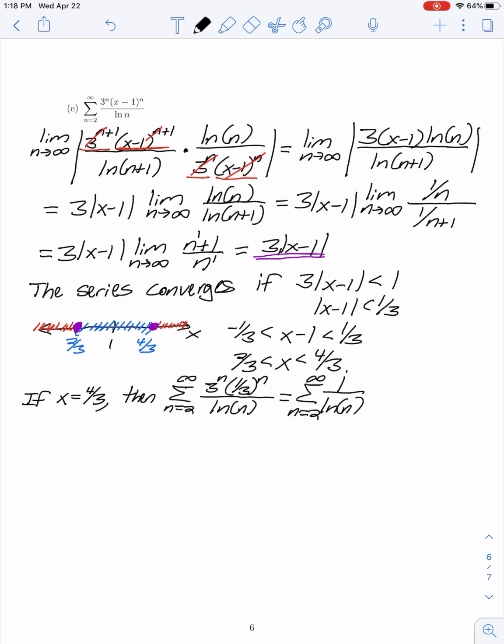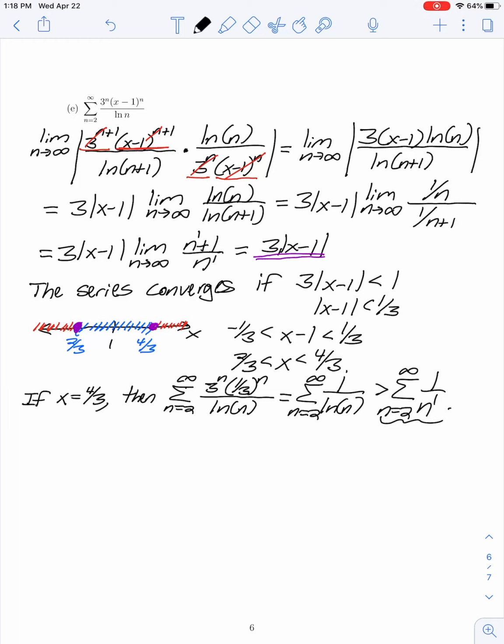So here we can determine the convergence or divergence by the direct comparison test. 1 over the natural log of n is always greater than 1 over n to the first power. We can make use of a direct comparison here.